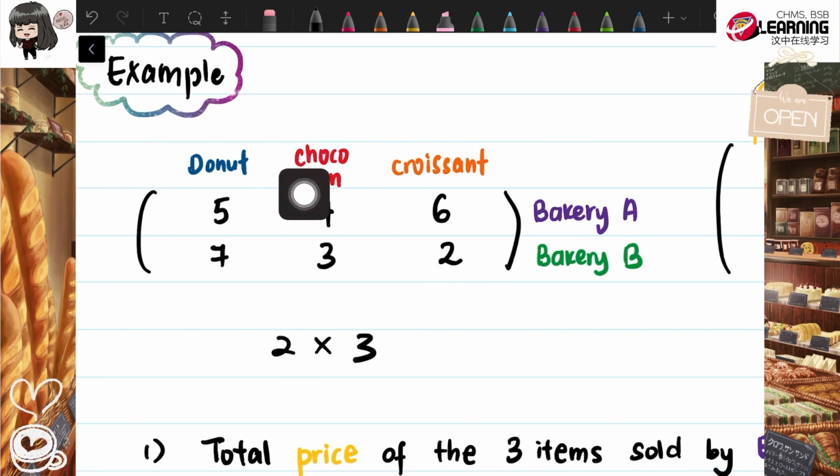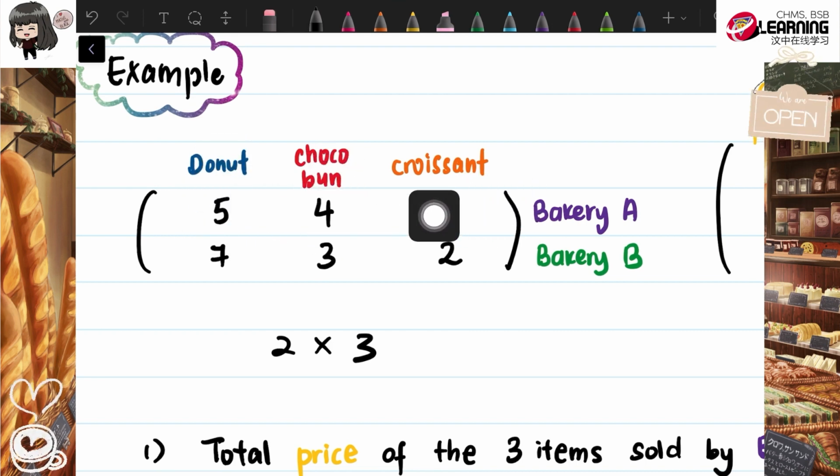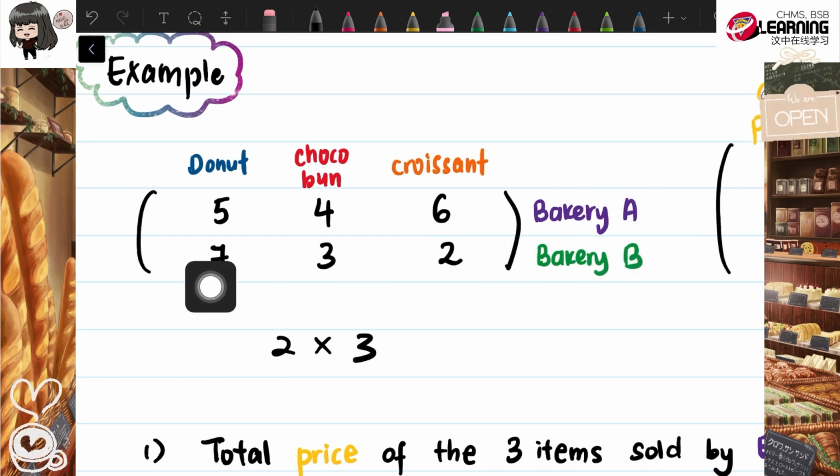In this word problem, bakery A sold a total of 5 donuts, 4 chocolate buns, and 1 croissant on that day. And bakery B sold 7 donuts, 3 choco buns, and 2 croissants on the same day.